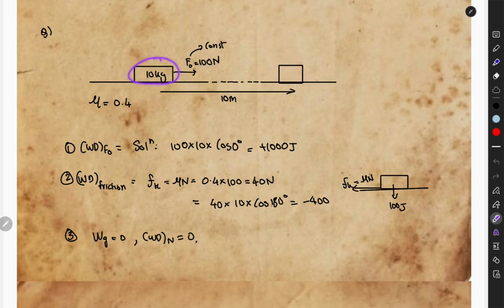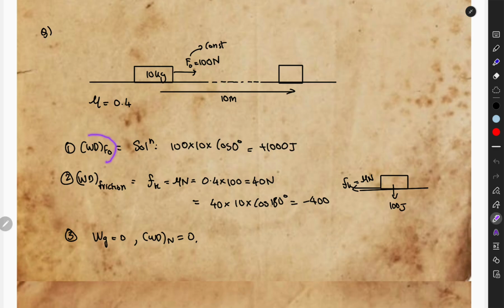Let's take a 10 kg block, which we move with a force F naught equal to 100 newton through 10 meters, on a surface where the coefficient of friction mu is given as 0.4. We need to find the work done by F naught and the work done by friction.